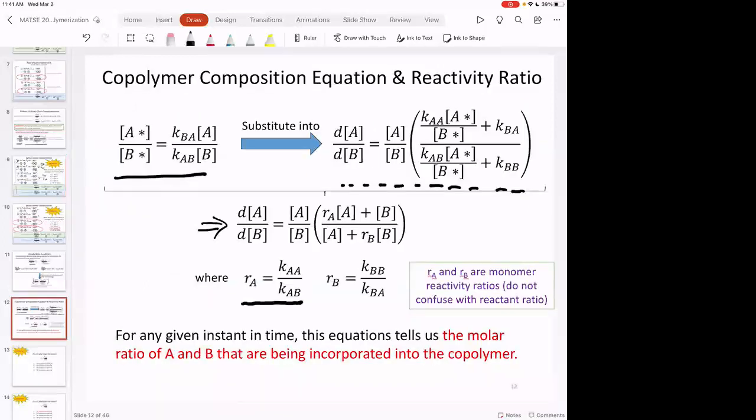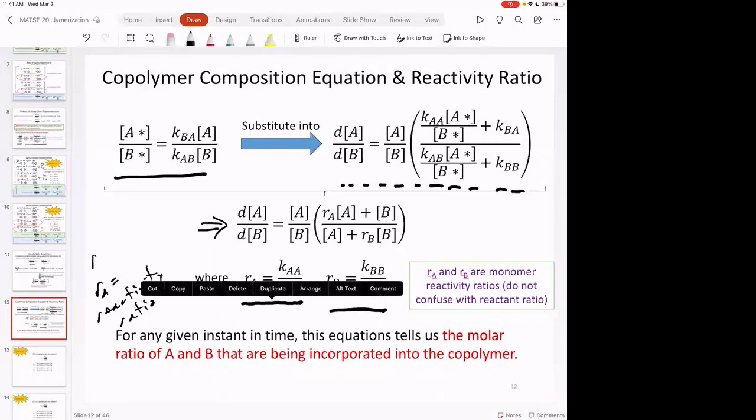All right. So we just talked about reactivity ratios. R equals reactivity. RA, RB. This is different than stoichiometric offset.